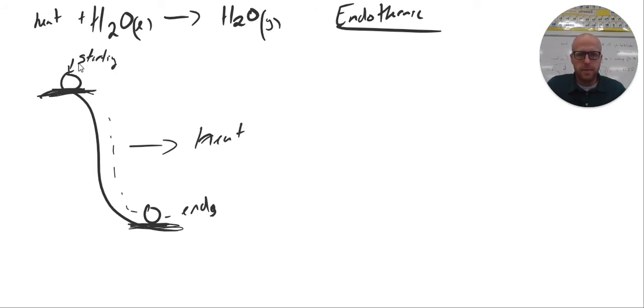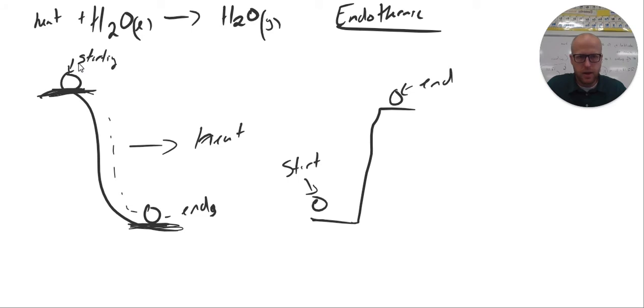Okay, so the opposite would be true for an endothermic reaction. Okay, you start down here, and then you end up here. Well, how do I get something from a lower to a higher position? I have to add in heat. So you add heat. Okay.